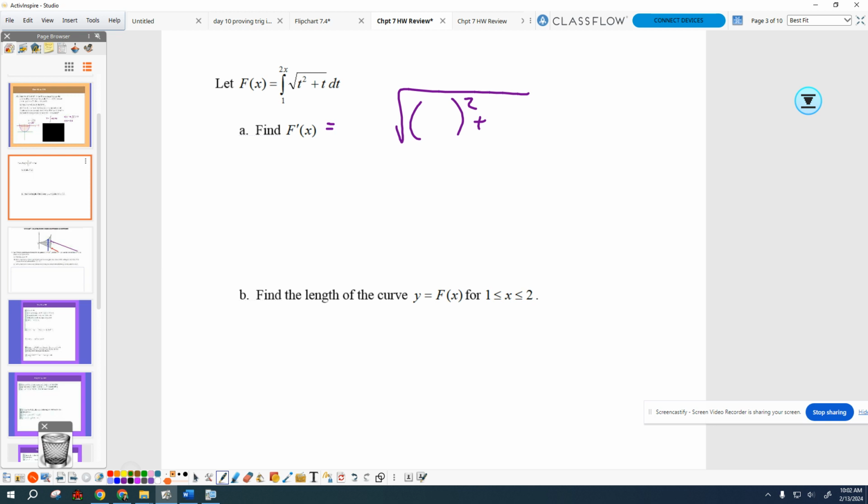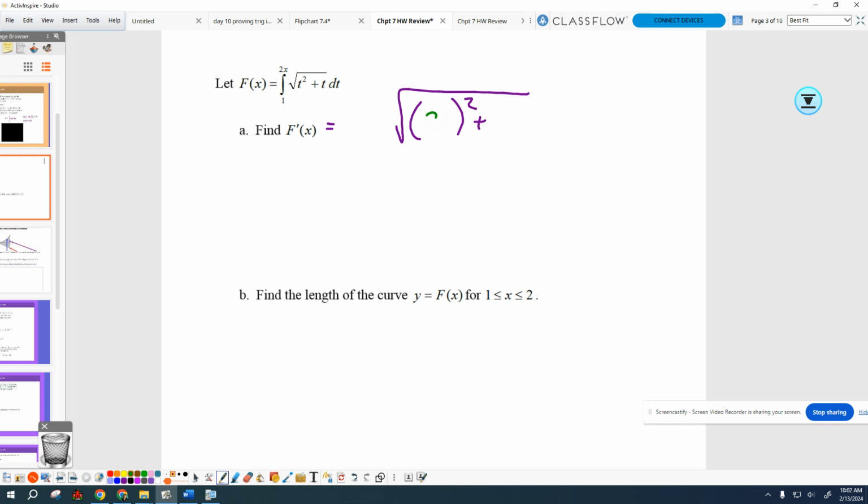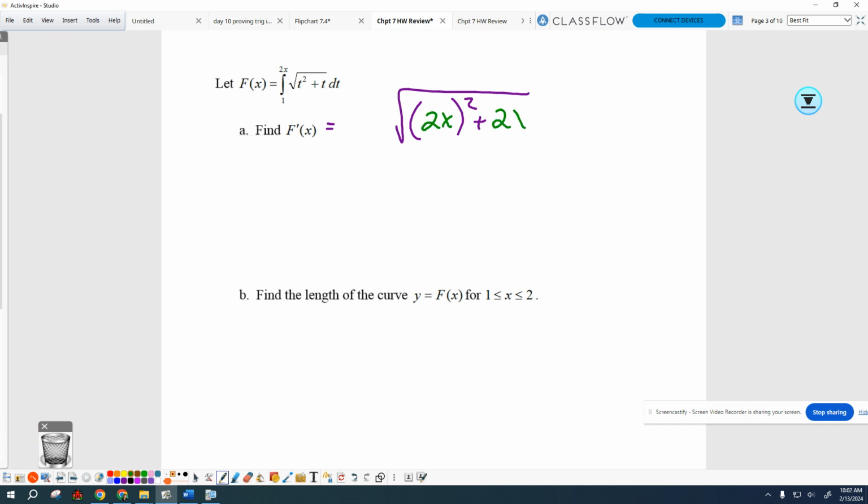The 2x, the thing up top. And then the bottom is, and I have to remember something. Chain rule, so times the derivative of 2x. And then I heard people say the bottom just goes away, because we shouldn't really write this, but 1 squared plus 1 times the derivative of 1, which is 0, so that goes away.